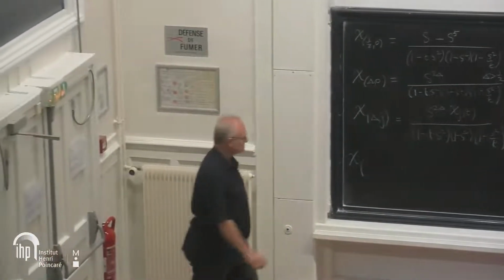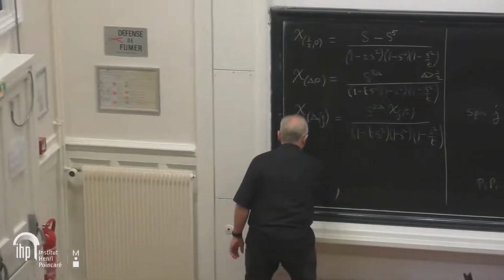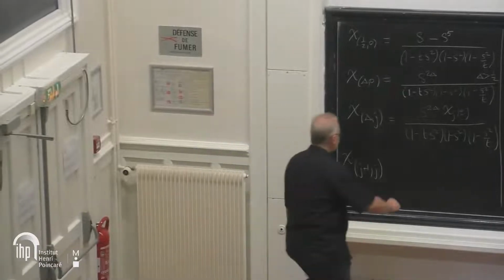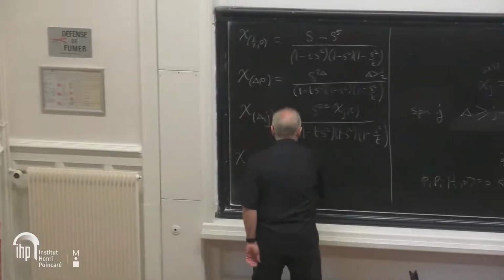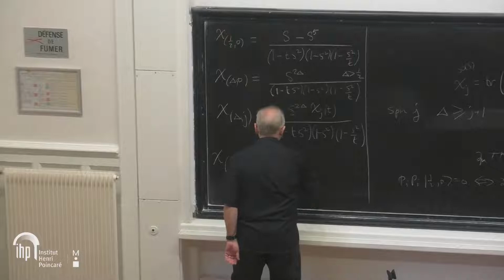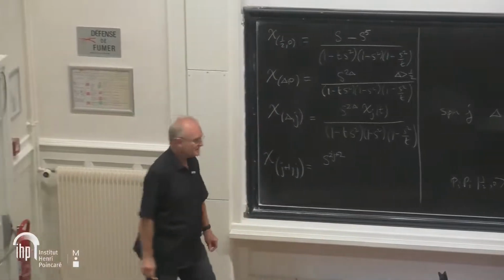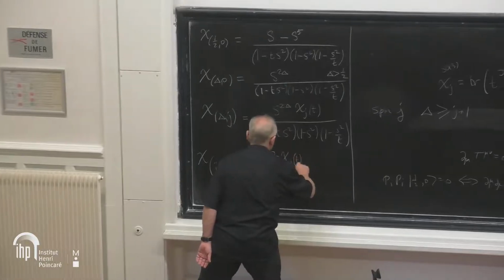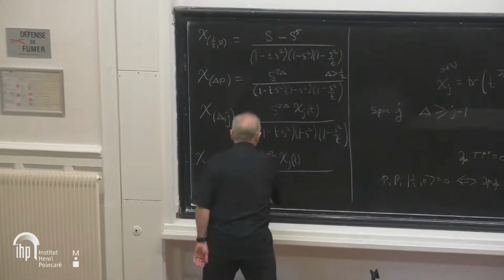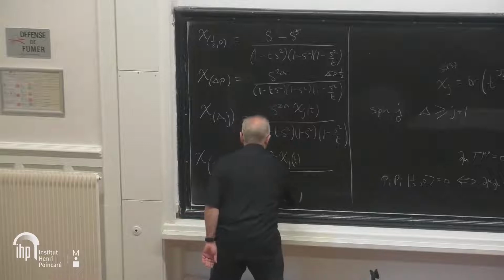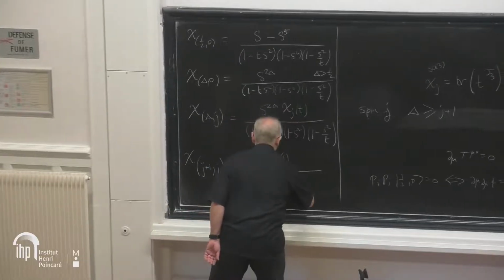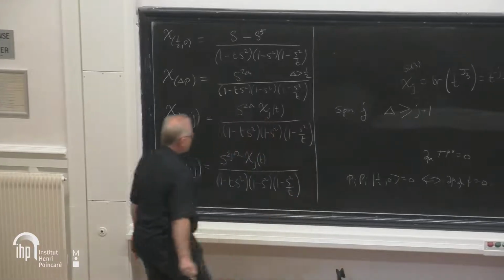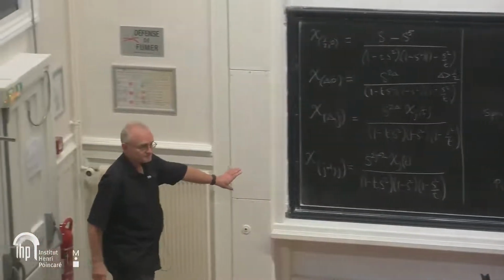So if we've got dimension j plus 1 and spin j, what you would naively write down is s to the 2 times the dimension, 2j plus 2. You would put the SO3 character, so chi j of t, and you would put your descendants. So that's what you thought the character would be.